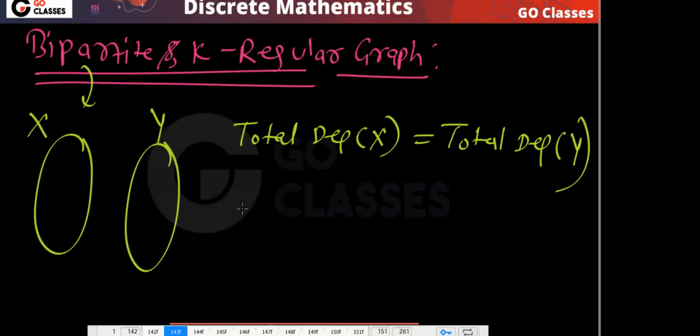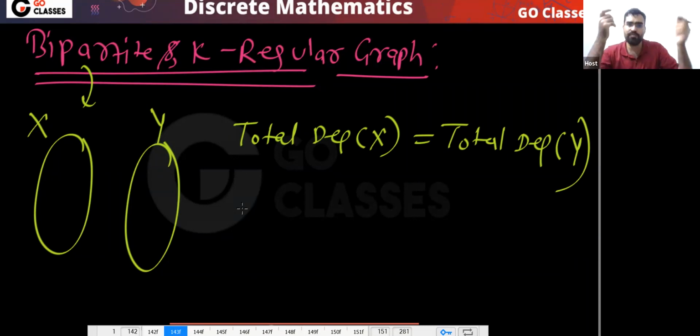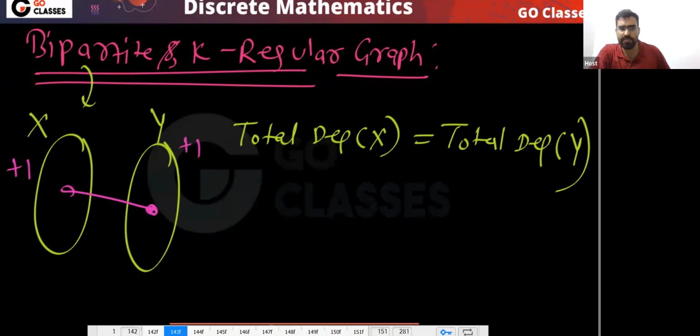Whenever we put an edge, every edge will increase the total degree of X by +1 and the total degree of Y by +1. Whatever edge I add, the total degree of X will go +1 and the total degree of Y will go +1.